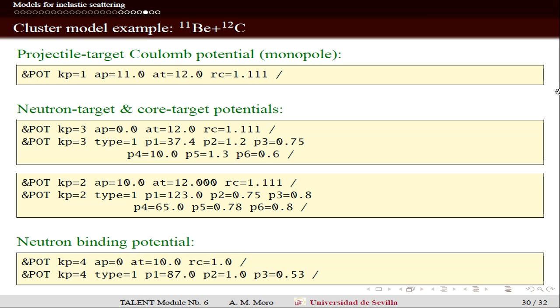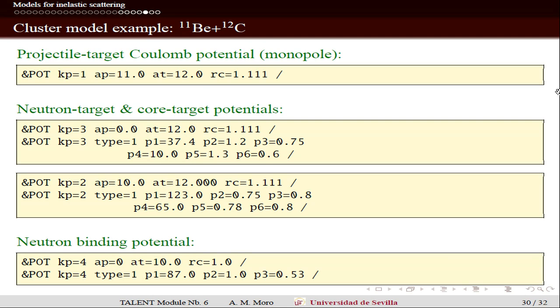So this is used to define this central Coulomb interaction between the beryllium-11 and the target. So we define here just the masses and some reduced radius, with this type equals 0 that is missing here because it is the default value.